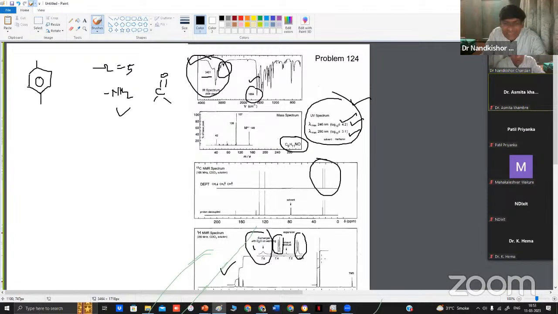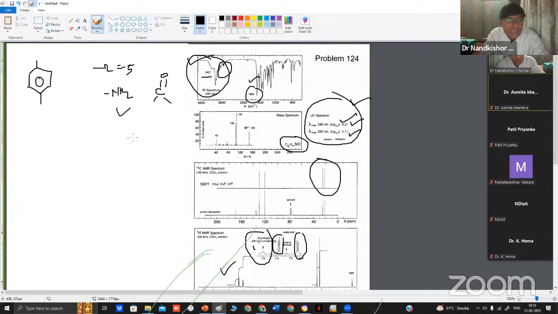You can see here, these are singlets, and the heights of both singlets are almost the same. So there may be a presence of 2 CH3.